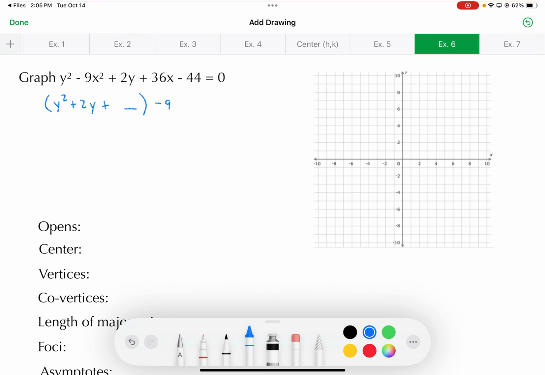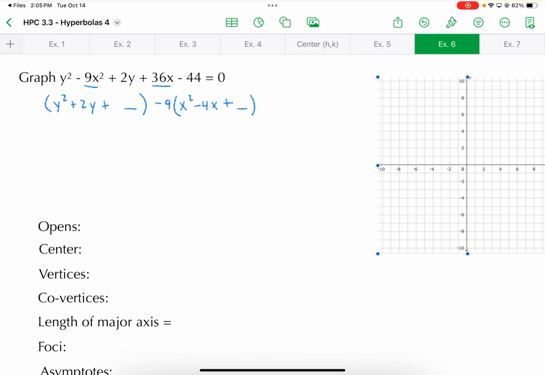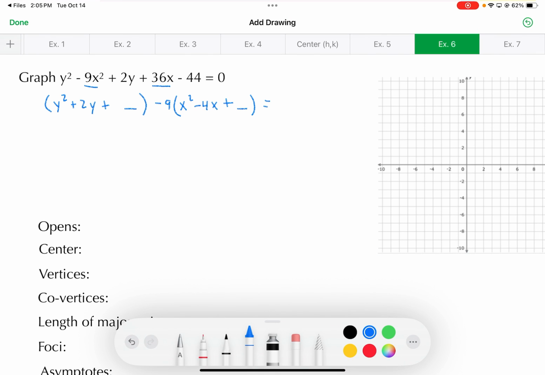So we got to factor a -9 from here and from here. What's that going to make the 36x turn into? If I factor a -9 from it. Yeah, it's going to be -4x plus blank. Okay, and then I'm going to move the 44 over to this side, plus blank, plus blank.